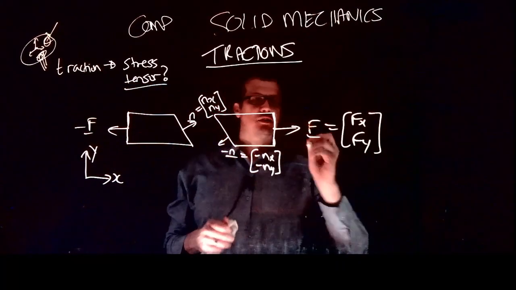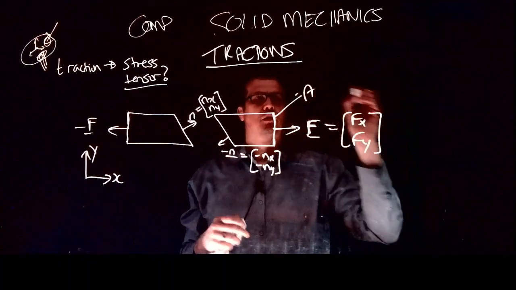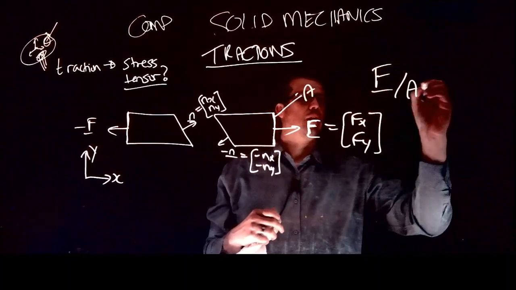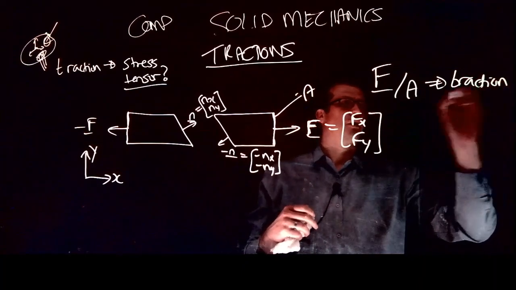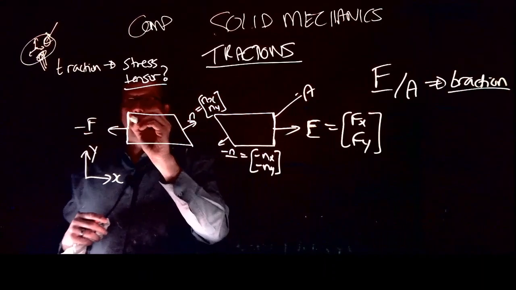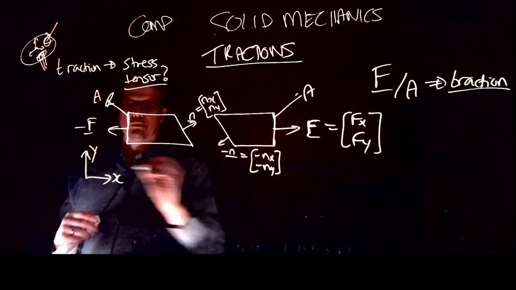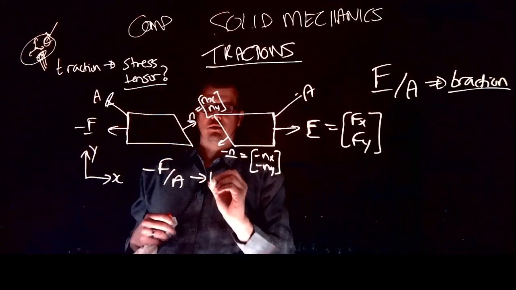So this force vector, if I divide it by this area, so I take that force vector, divide it by an area, then that is what we call a traction. If I take this area and this force acting on that area, and I take this negative F divided by A, then I get a traction out.